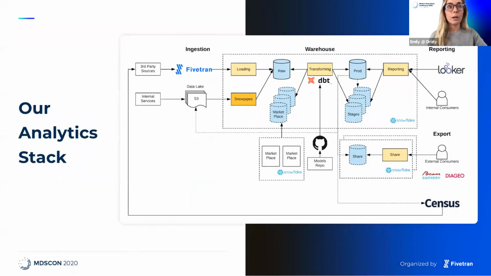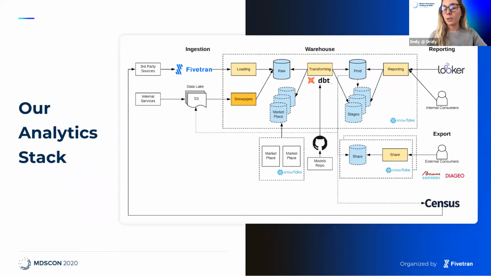So this is what our current analytics stack looks like. We have Fivetran doing most of our third-party data ingestion. We have Snowflake as our warehouse, dbt doing all of our data transformation, and Looker as our reporting layer.